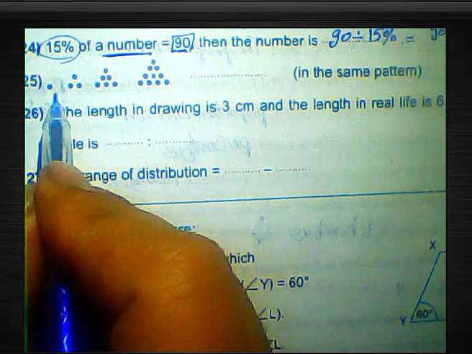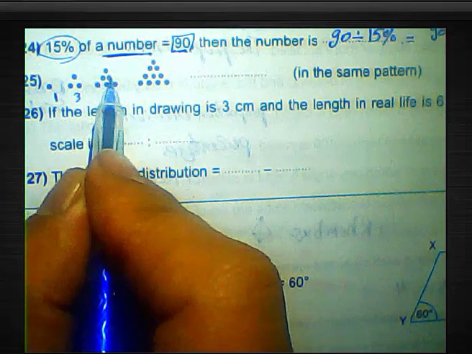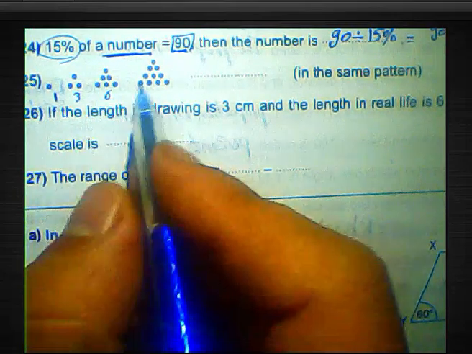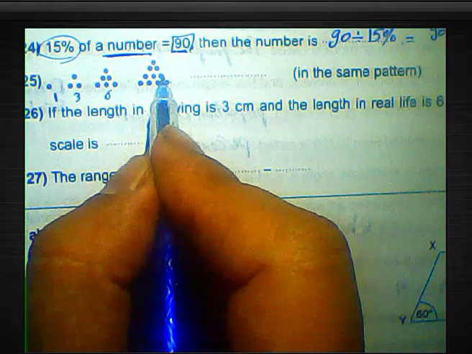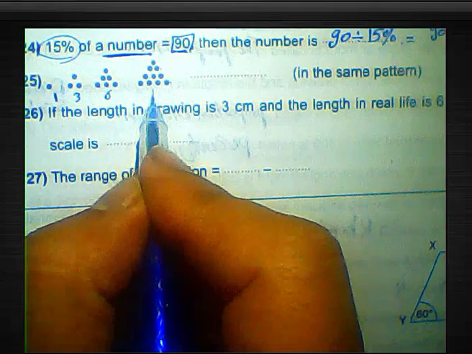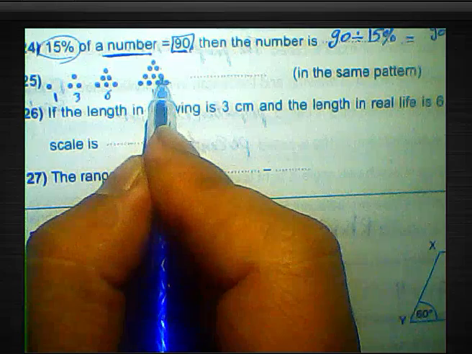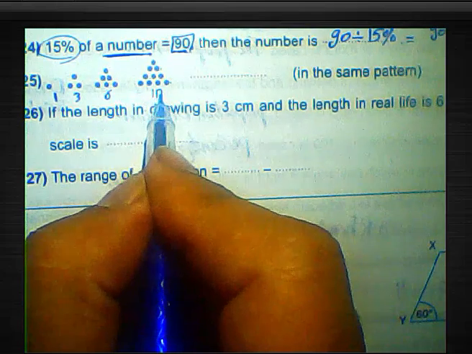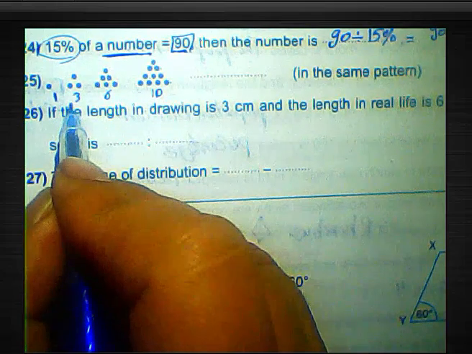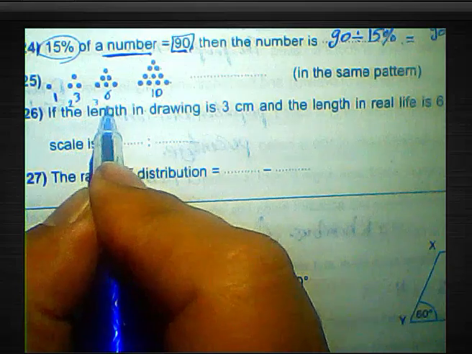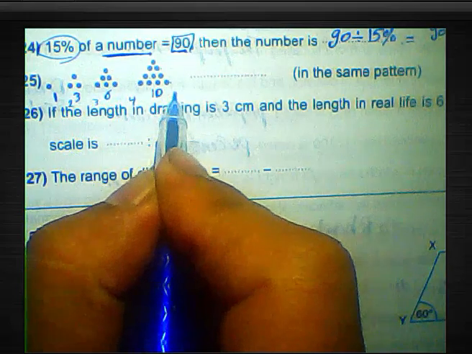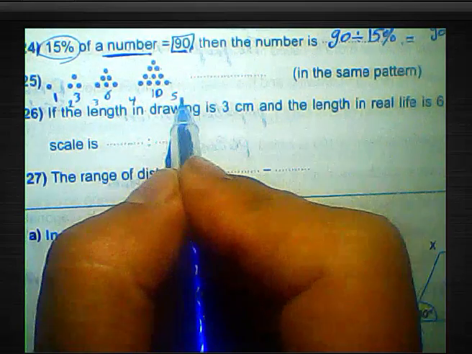Look at here, 1, 2, 3, 4, 5, 6, 1, 2, 3, 4, 5, 6, 7, 8, 9, 10, 11, 1, 2, 3, 4, 5, 6, 7, 8, 9, 10. 1 plus 2 equals 3, 3 plus 3 equals 6, 6 plus 4 equals 10, 10 plus 5 equals 15. We must draw here 15.